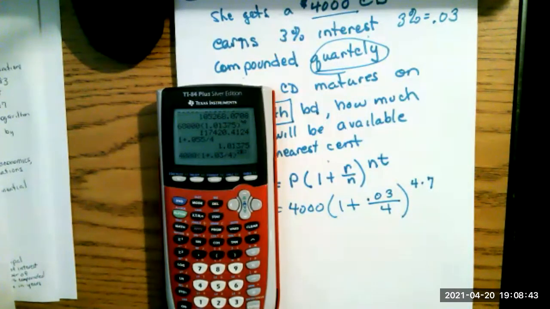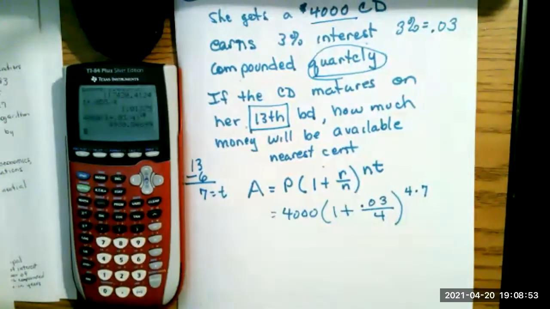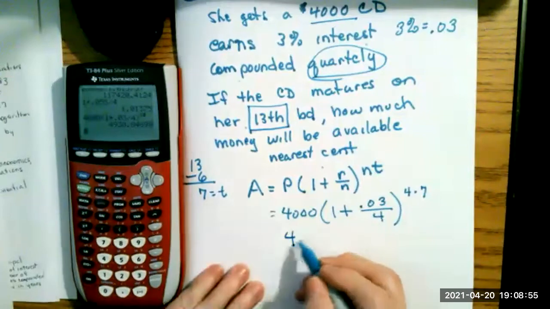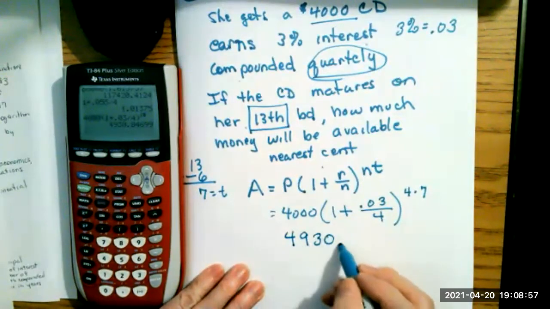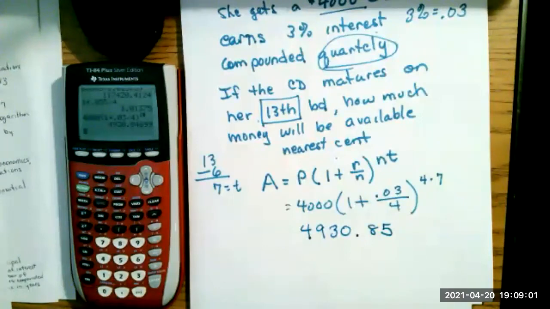Okay, everybody okay with that? I'm going to hit enter. What do I get? $4,930.85. Because that was a 4 and there was a 6 after it, so I raised it to 85. Got it?